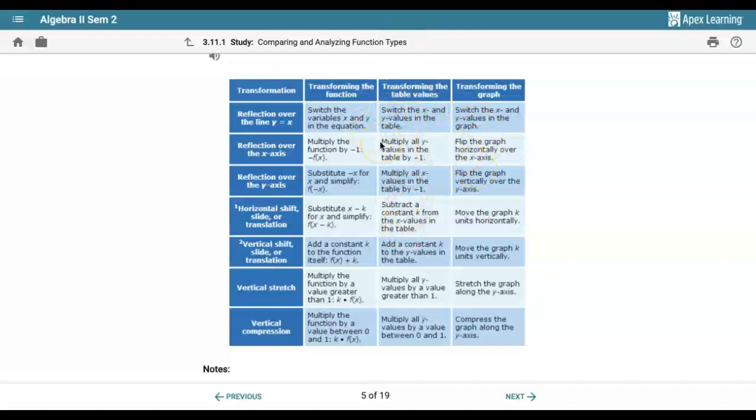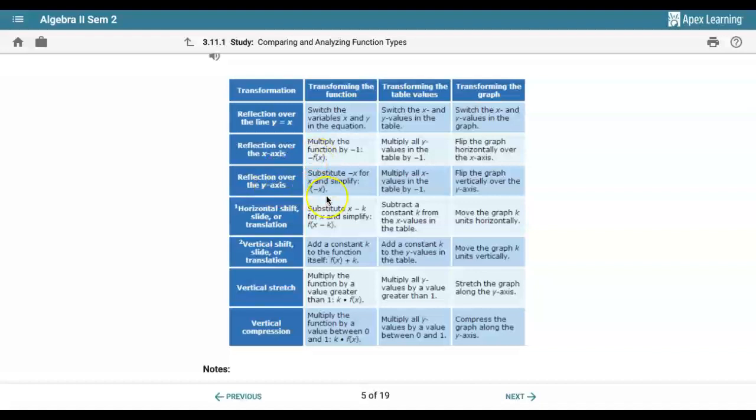In general, if we're reflecting across y equals x, we flip our x and our y, and the graph is reflected across that imaginary line. Then if we have a reflection across the x-axis, we flip across the x-axis and make it look like a mirror, and we multiply our entire function by a negative value. We have negative f of x.